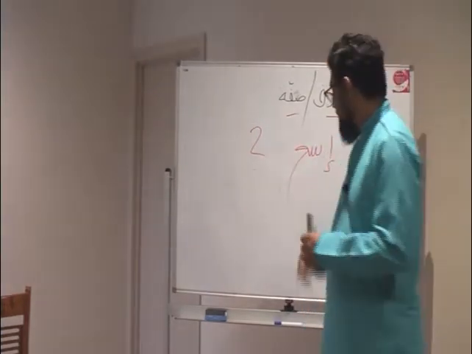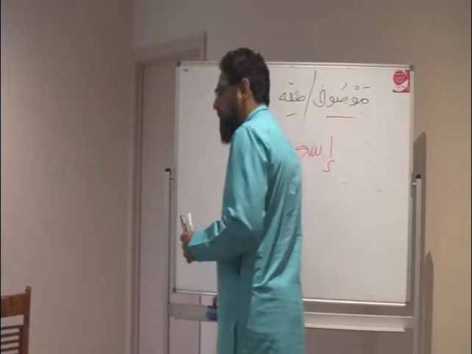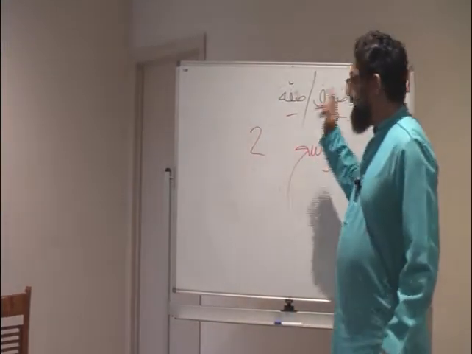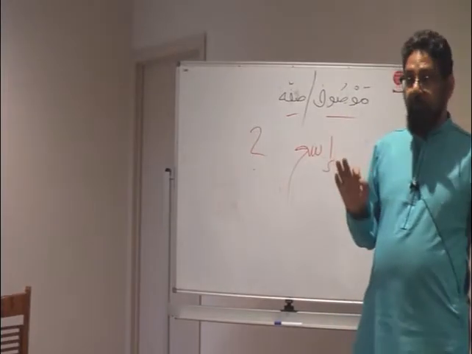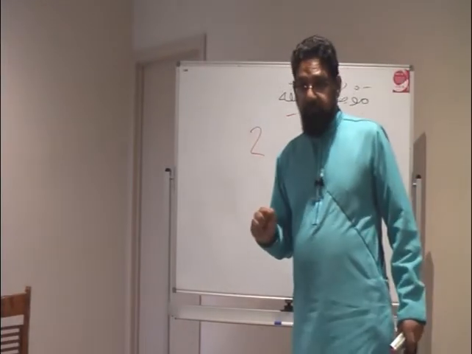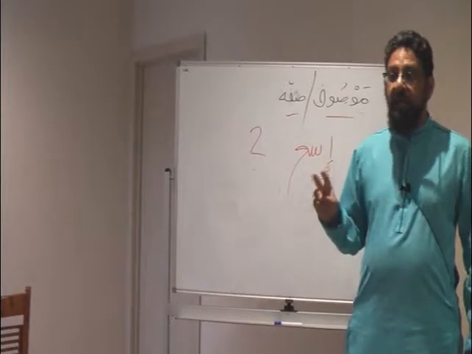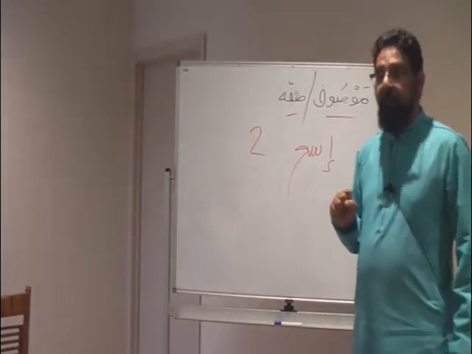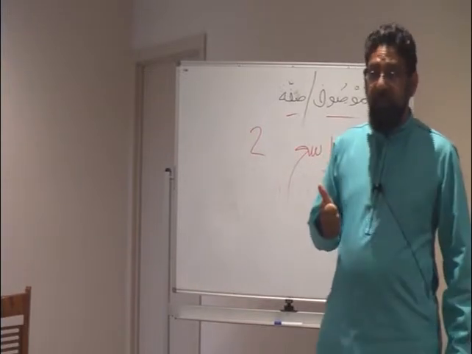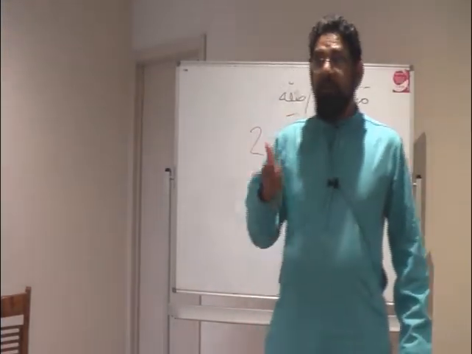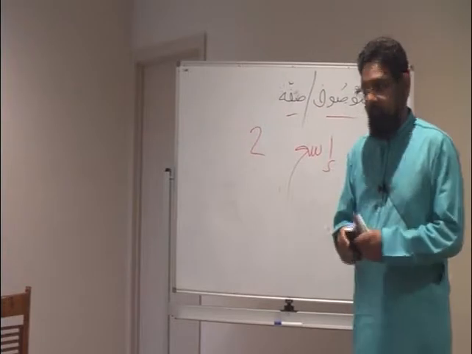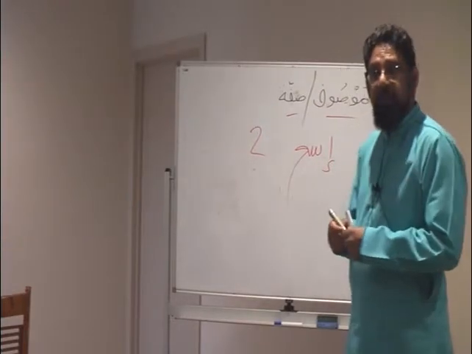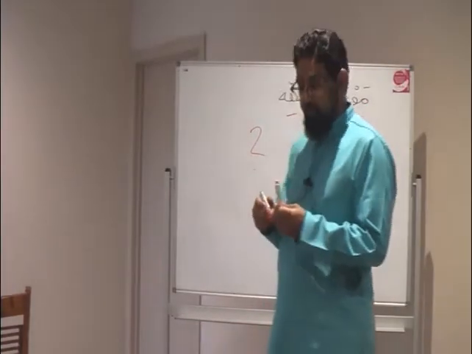Now, the important thing to know about the grammatical relationship is that the sifa follows the mawsoof in 4 ways. That will help you to recognize that this is a mawsoof-sifa relationship happening. It follows it in gender, it follows it in plurality, it follows it in definiteness, and in grammatical state.